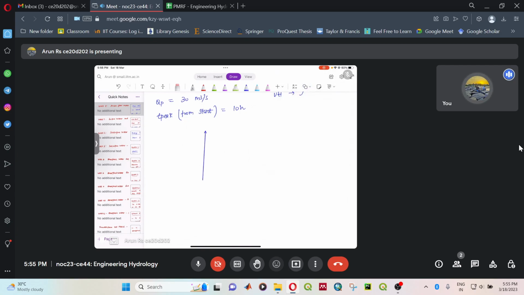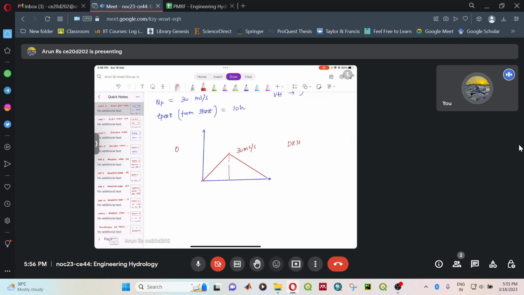So let us first draw a triangular hydrograph. So this is 30 meter cube per second.